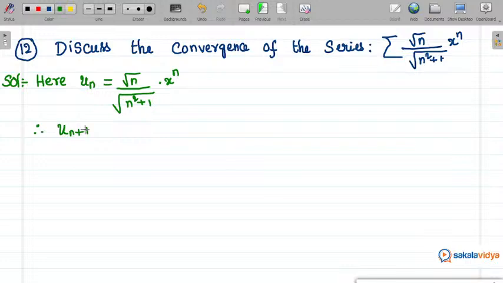This question is a very important problem. All of you concentrate. So this is equal to root over n plus 1 divided by root over, what do we get? N square means n plus 1 whole square, and plus 1, into x to the power of n plus 1.